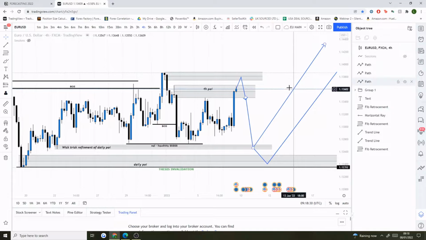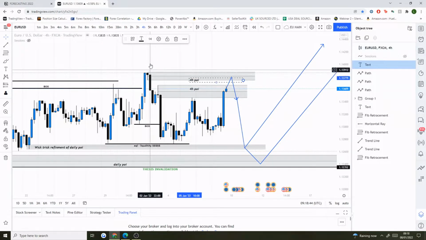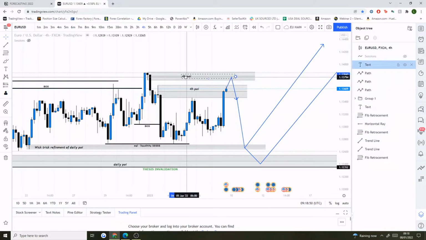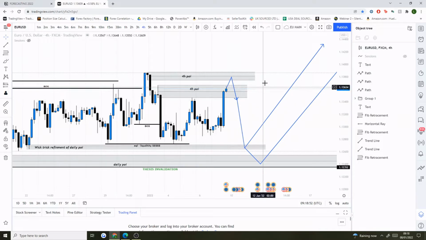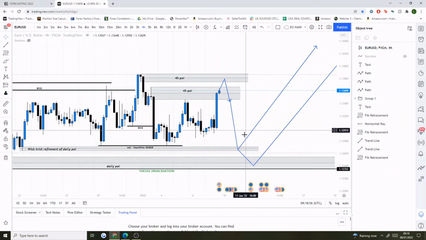So looking at the 4-hour now, what we've got is we broke structure to the low here. Now that break of structure came from there, so that's why this is a point of interest. But in terms of where the actual move originated from, it originated from this candle up here, so that's why they're both valid points of interest in terms of the sell move, which will take us down there.